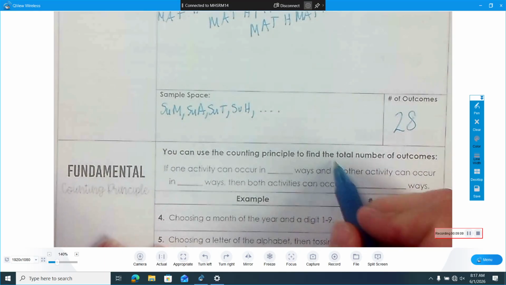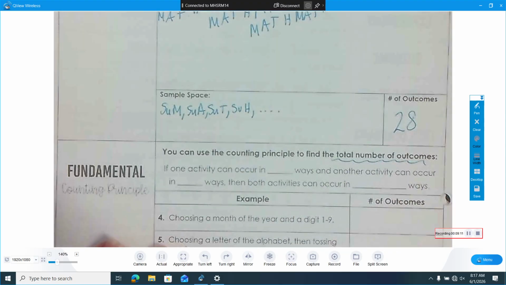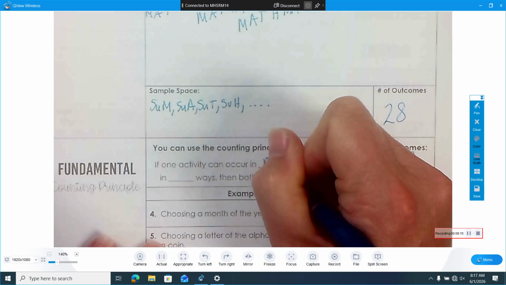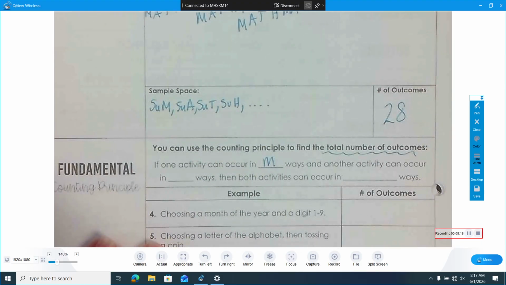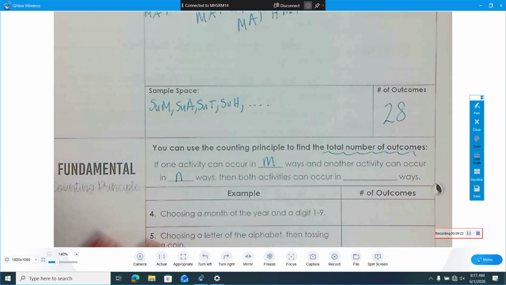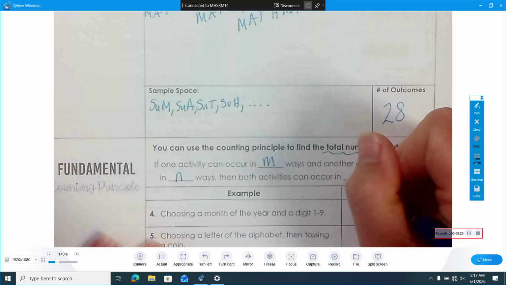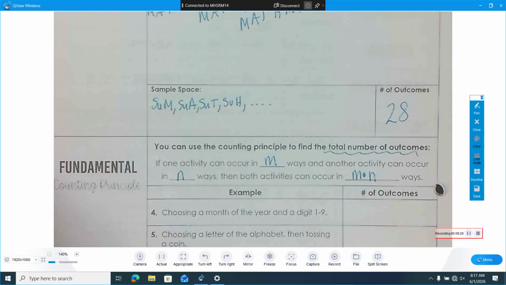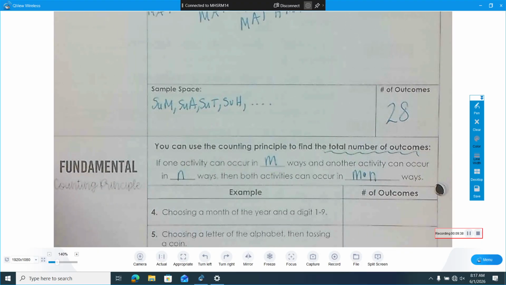To find the total number of outcomes, if one activity can occur in M ways and another activity can occur in N ways, then both activities occur in M times N ways. We just have to multiply our possibilities together. We can always make a tree diagram if we want to. If you're ever stuck, it's a good place to start and maybe remind yourself.